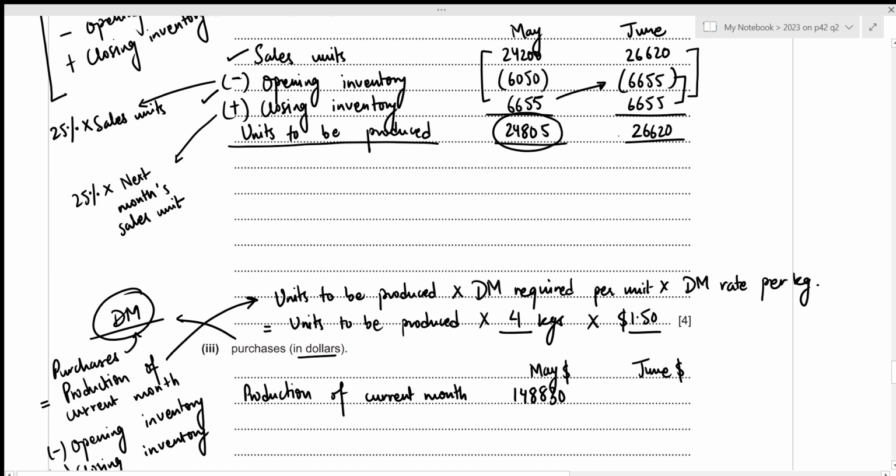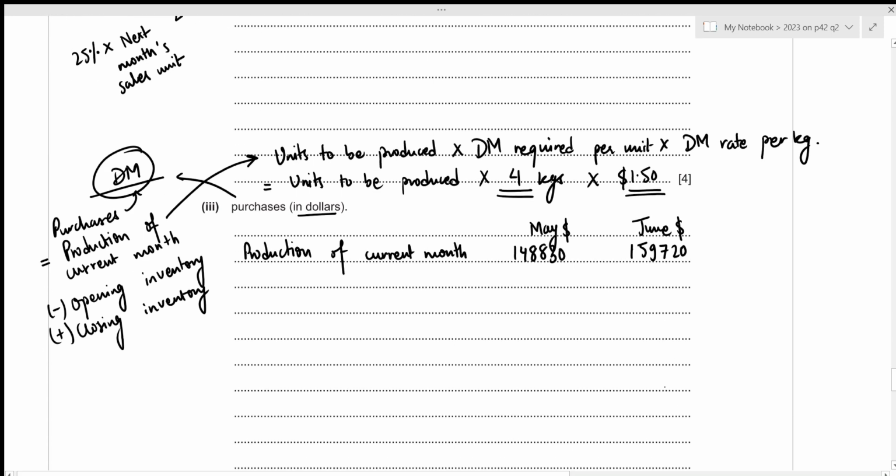We have our units to be produced of 26,620 times 4 times 1.5, which results in the value of 159,720. Now we need to subtract our opening inventory and add the closing inventory.